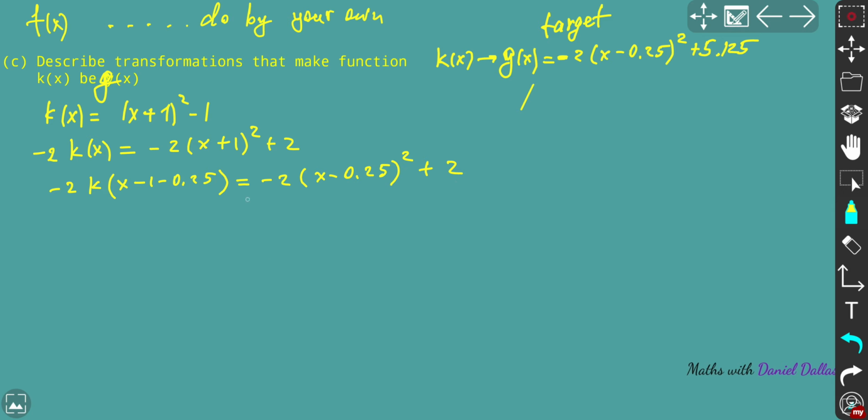So in other words, we simply take away the argument 125, okay? And that's how we get this part. So it's negative 2 times x minus 0.25 squared and plus 2.